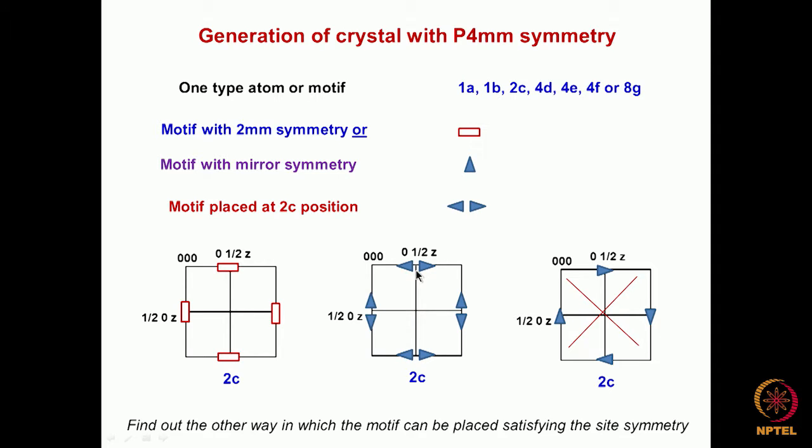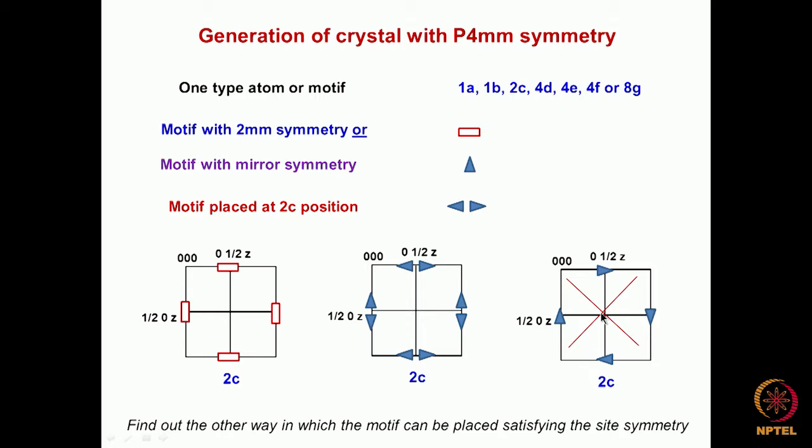Now this can be kept at this particular lattice point. So this generates the full symmetry of the crystal, right. If I put this asymmetric motif at any particular position, or at a 2 mm position, what we can make out is that this structure does not exhibit the full symmetry.